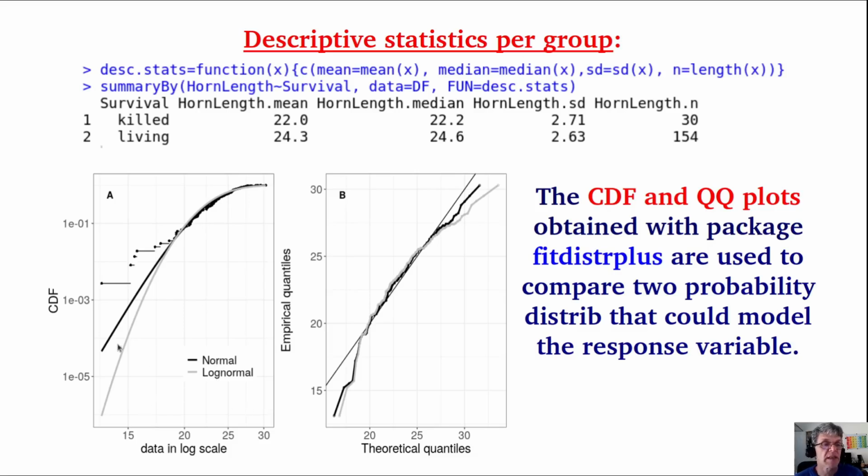I think it's very clear that the normal distribution is quite a bit better than the log normal one, but there is a clear difference in the lower tail of the data, in which neither of the two distributions fits the data well, but the normal seems a lot better than the other one.